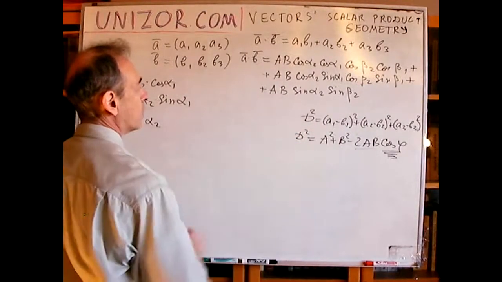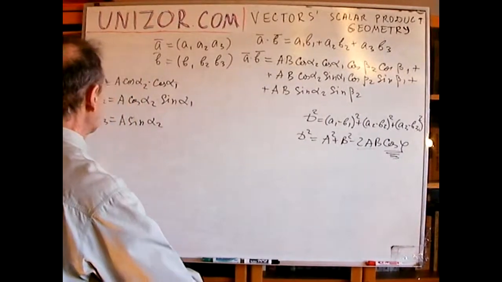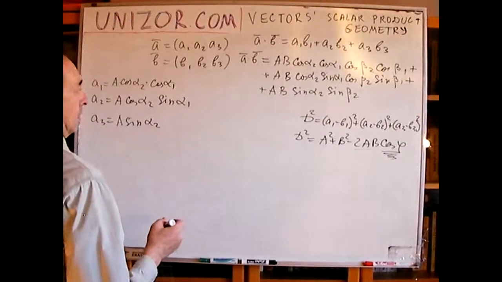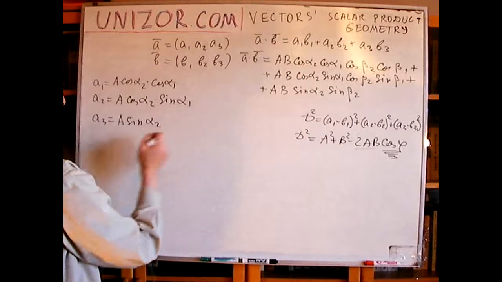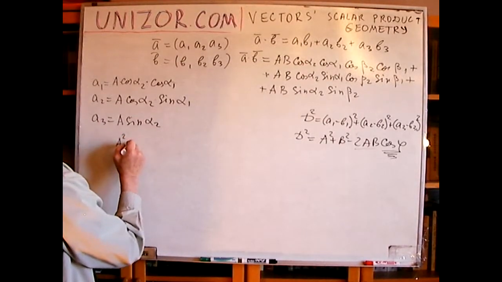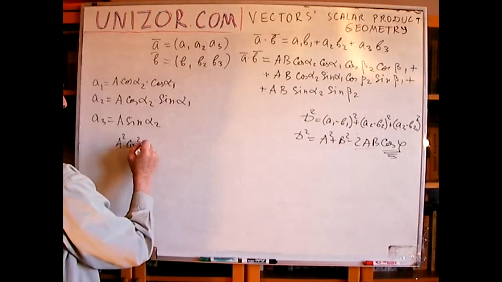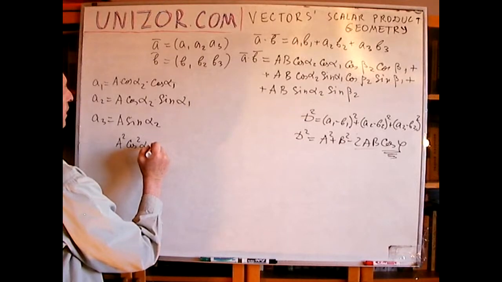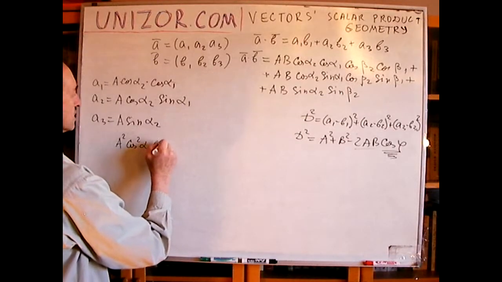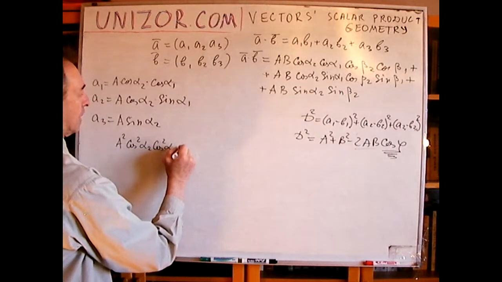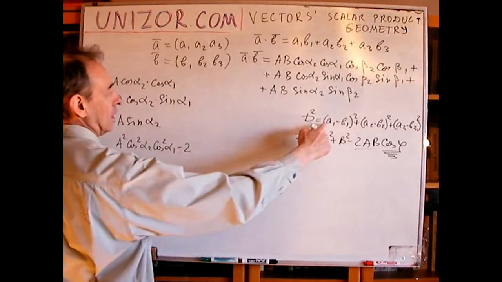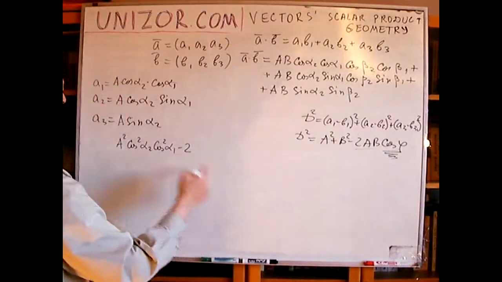A1 minus B1 squared. Okay. It's A1 squared, which is A squared cosine squared alpha 2 and cosine squared alpha 1, minus 2 A1 times B1.